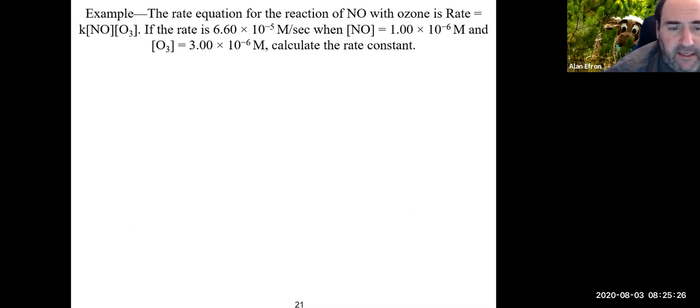All right, so I want you to take a second here and calculate the value of the rate constant. The rate law is rate equals k times NO times O3, and the rate is 6.6 times 10 to the minus 5, when the concentrations are given. What is the value of the rate constant?